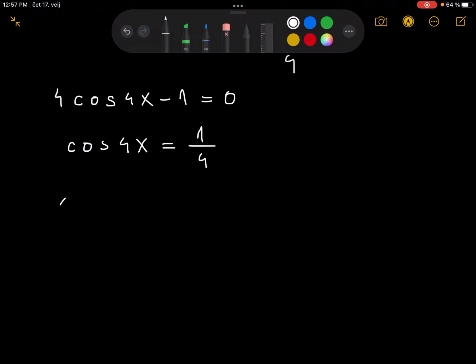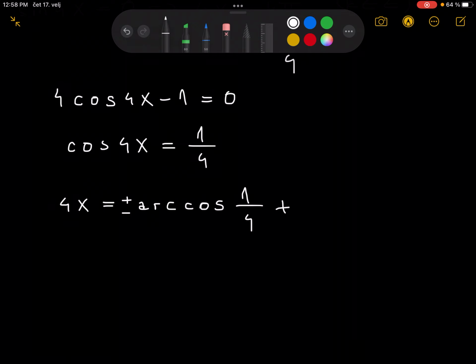So 4x must be equal to the inverse cosine, or the arc cosine of 1 over 4, but it will have either a plus or a minus. Why? Because cosine is an even function.